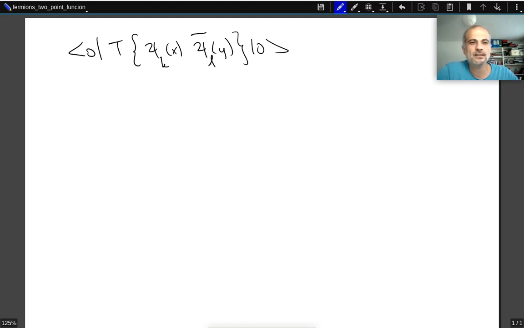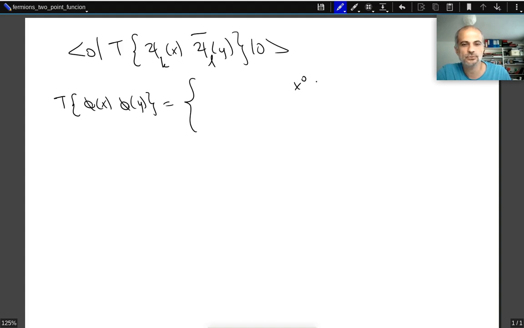Now, of course, the fact that the fermionic fields have anti-commutation relations will lead us to some differences. One important difference is the definition of this time-ordered product. For the scalar fields, the time-ordered product was defined such that whichever operator has a later time acts later. First the earlier operator acts, then the later operator acts.